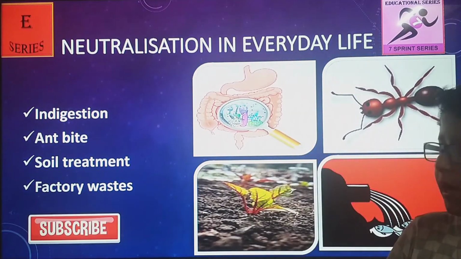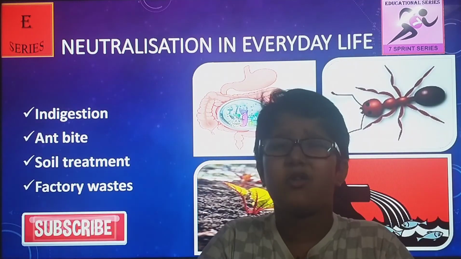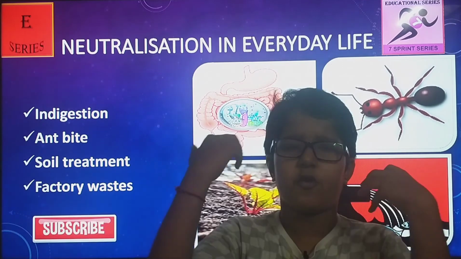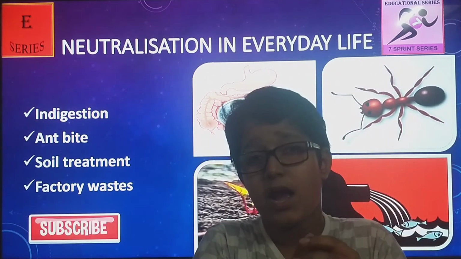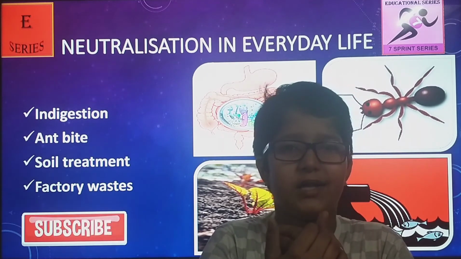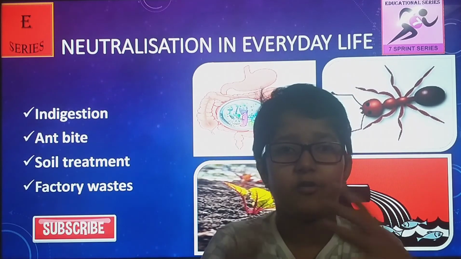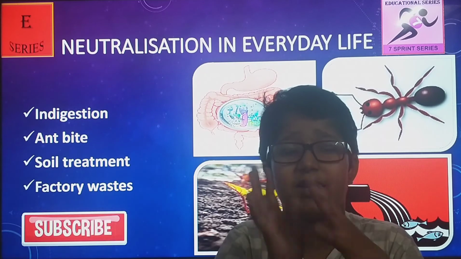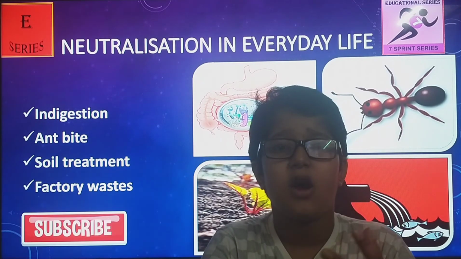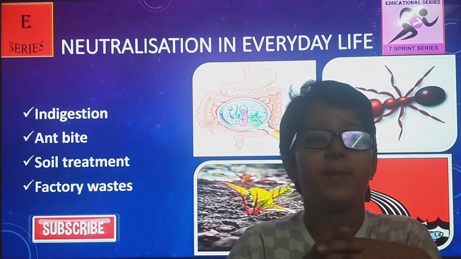Soil treatment. For example, when a lot of manure is taken from the soil because you grow a lot of plants two or three times a year, the soil has lost its balance. Now either the land has become very acidic or very basic.